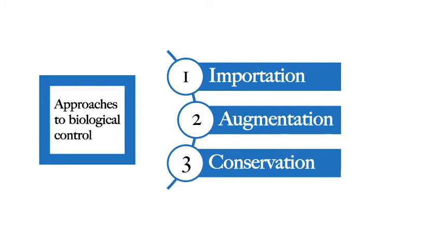A successful natural enemy should have a high reproductive rate, good searching ability, host specificity, be adaptable to different environmental conditions, and be synchronized with its host, that is usually a pest.